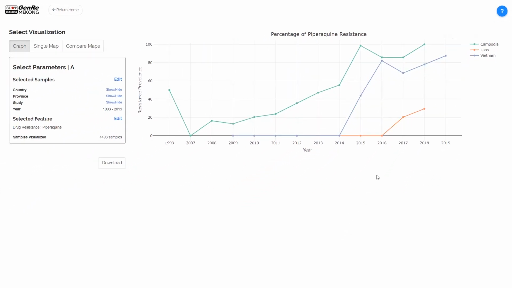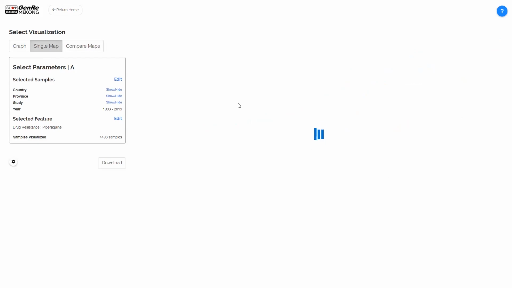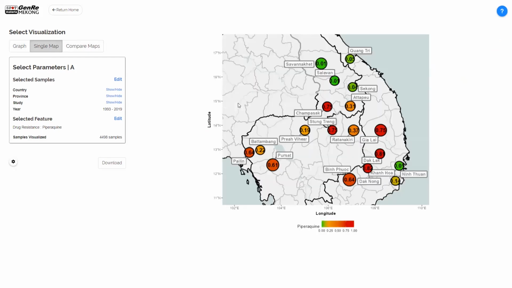Right, so let's visualize this as a map. We can click on single maps here. And we can see the geographical distribution of piperaquine resistance within the countries we've selected. Now, I would like to make the markers here a little bigger.